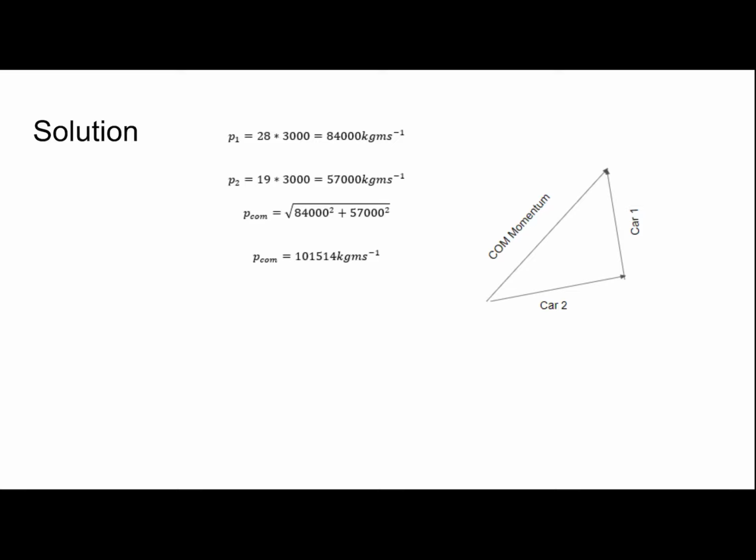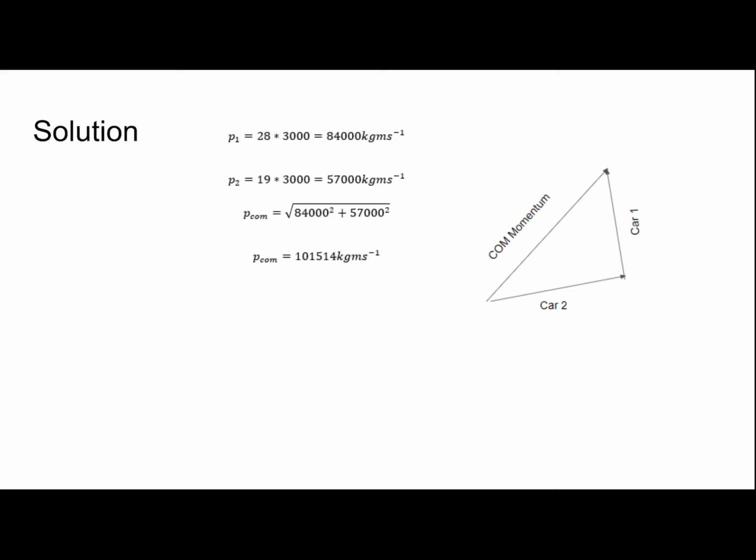Likewise, for car 2, its initial momentum is 19 times 3,000, which is equal to 57,000 kilogram meters per second. Because they were moving at right angles to each other, we can use a simple vector addition, applying the Pythagorean theorem, to find the momentum of the center of mass. And we should get an answer of 101,514 kilogram meters per second as our final momentum for the center of mass.